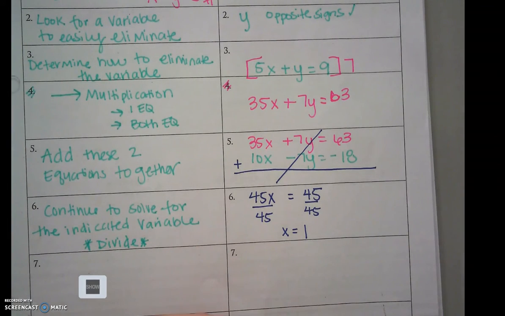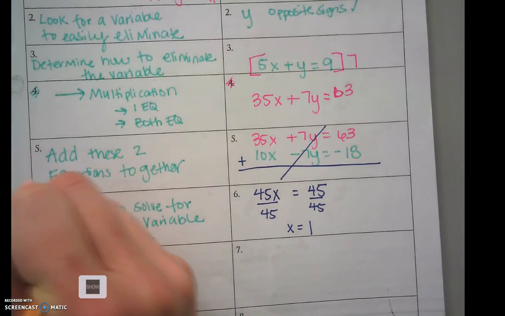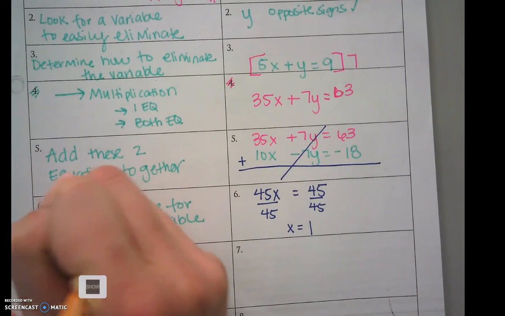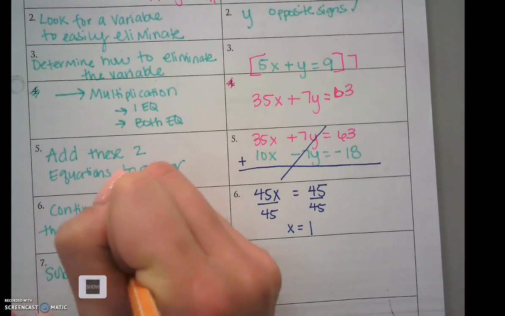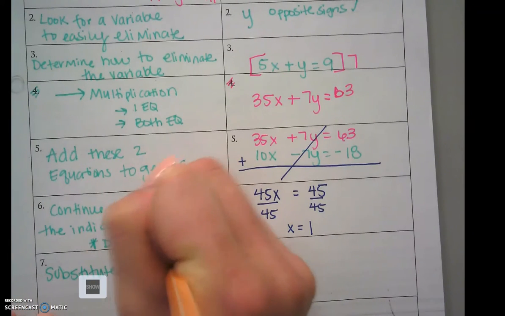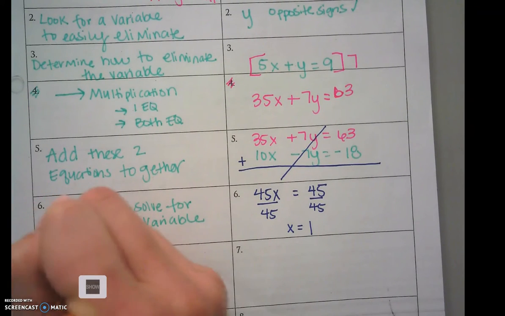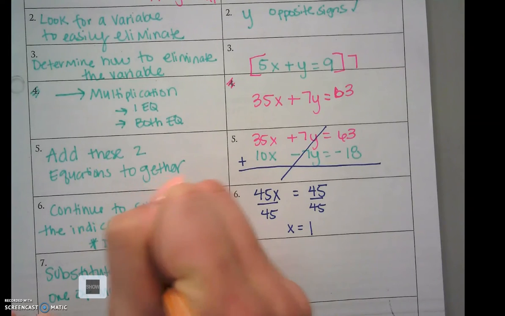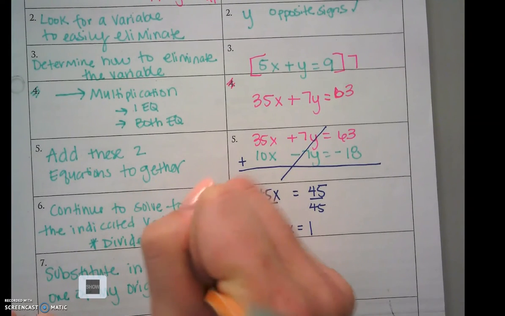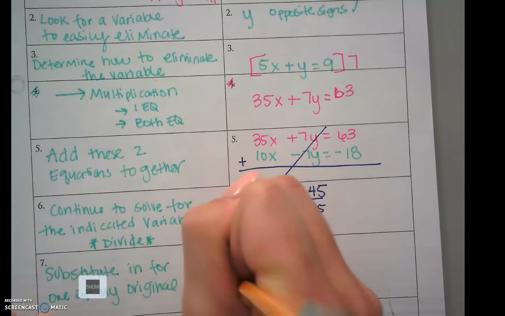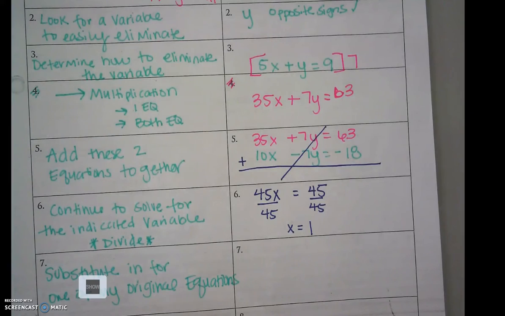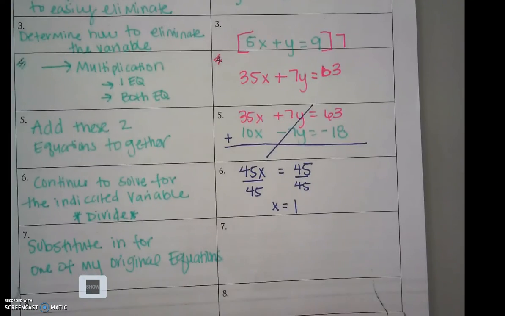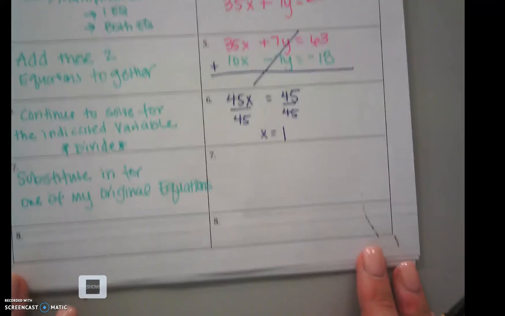So we're going to substitute it in for one of my original equations. Now, it will not matter which one you choose to substitute it into. I just try to choose one that's the easiest to work with.